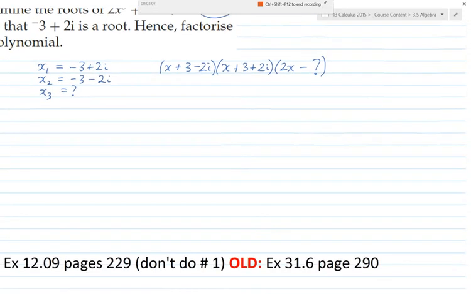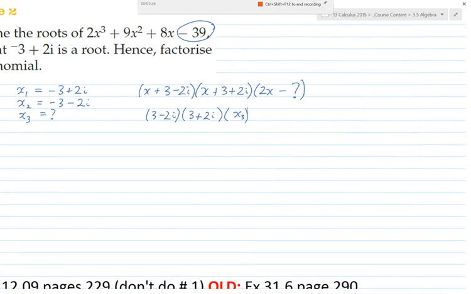So 3 minus 2i times 3 plus 2i times that last root, we'll call it x3, even though that's not actually the root, all of that has to equal 39. Notice I've dropped the negative there because I've dropped the negative here as well. No big deal, just convenient.